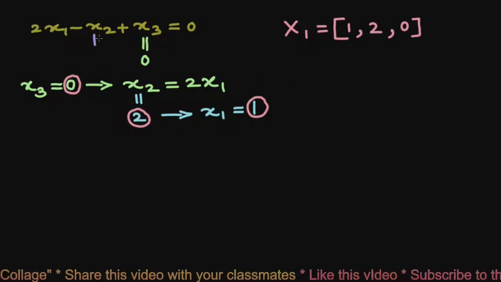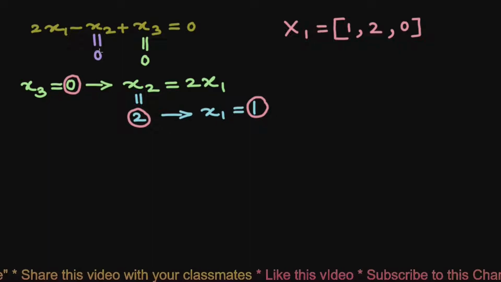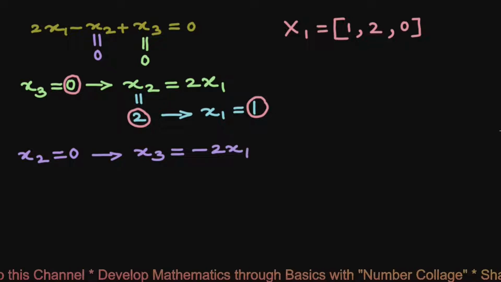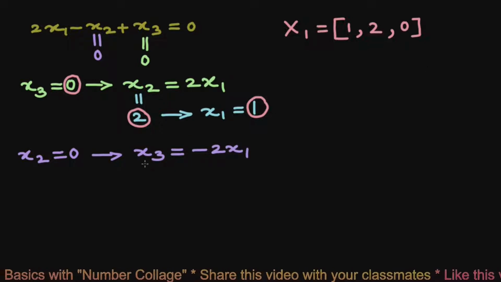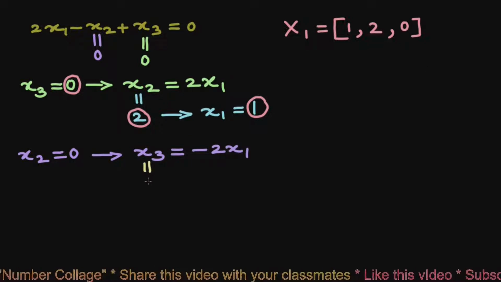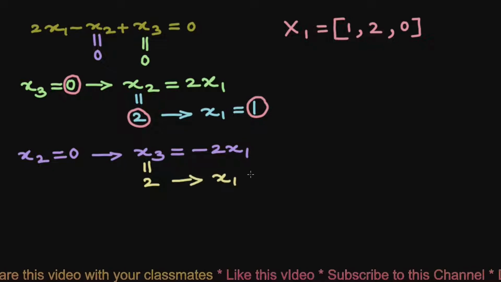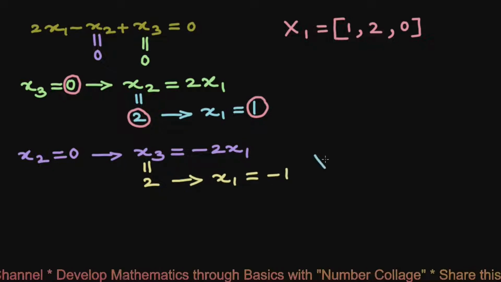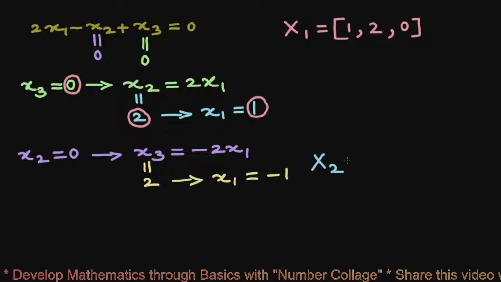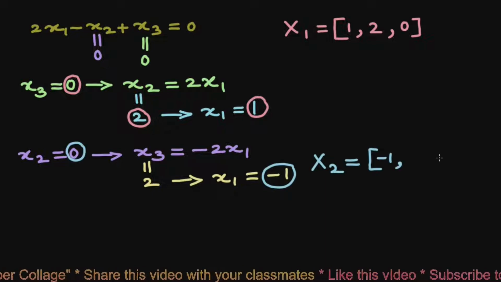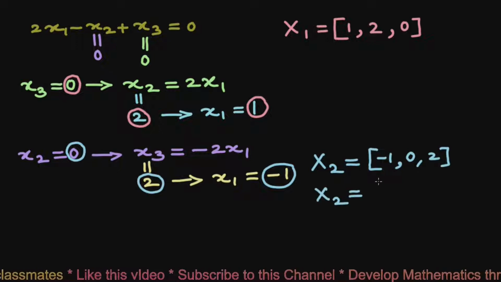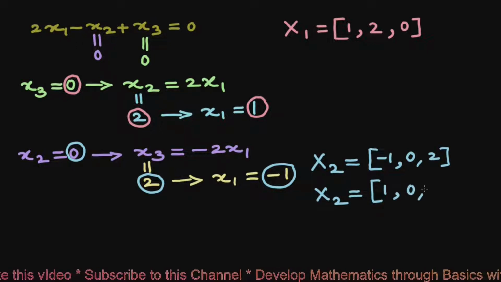Next, if we put x2 = 0, then we get x3 = -2x1, and conveniently if we put x3 = 2, then that will give us x1 = 2 upon -2, that is -1. So the second eigenvector X2 will be [-1, 0, 2], which can also be written as X2 = [1, 0, -2].